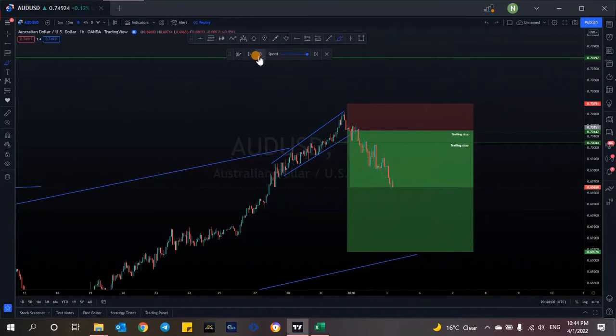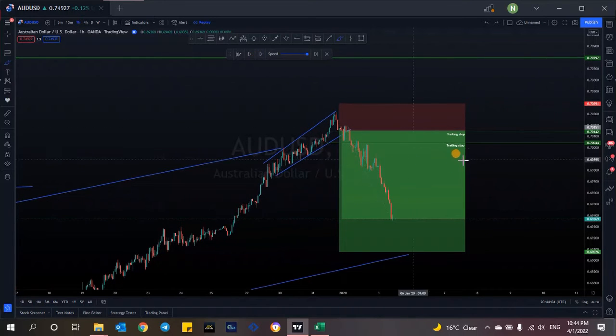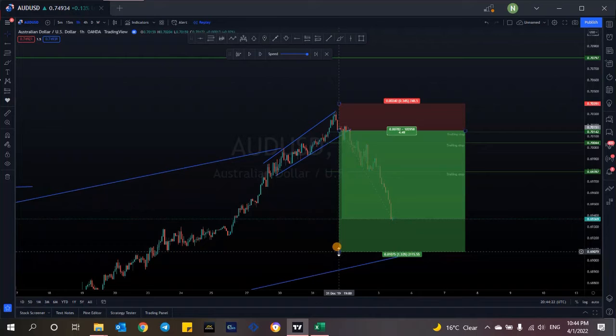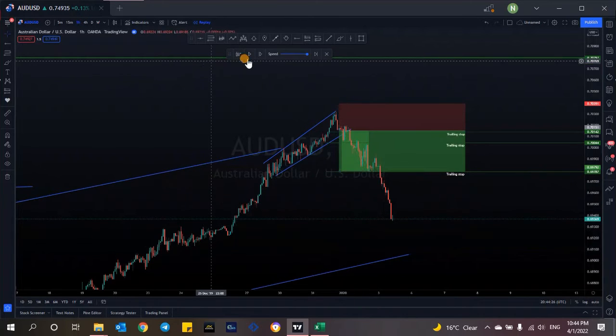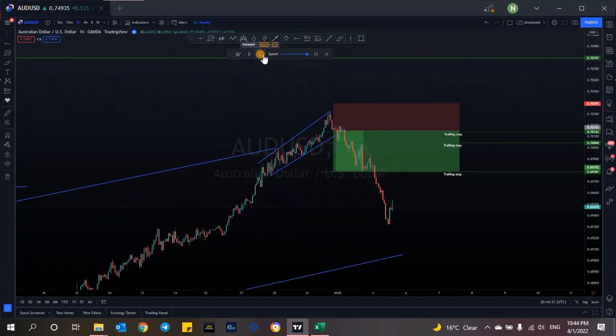So let's continue. Okay, that's enough for me to move my stop. I would put it around this high. Yes. I'm gonna move my stop. Let's see how price develops.